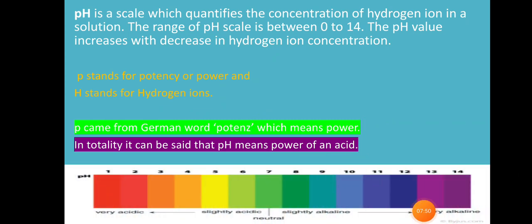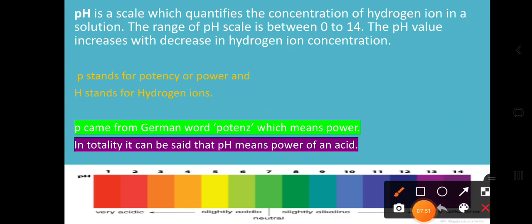So dear students, this is our pH scale. It lies between 0 and the last number, 14. Here we have a lot of colors.